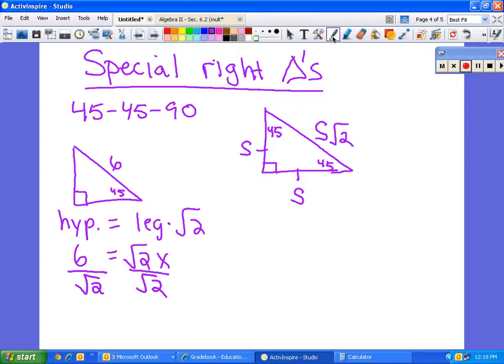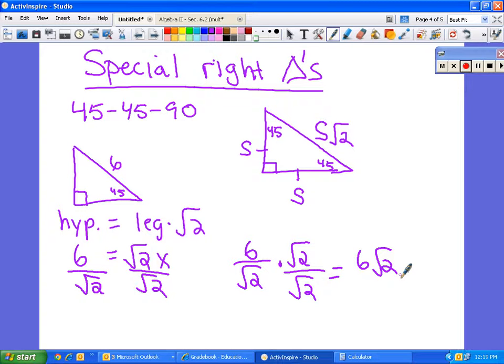Okay, now, you have learned in Algebra 1 class how to solve this equation. You are not allowed to leave a square root sign in the denominator of a fraction. So what you have to do is multiply both sides by whatever square root is in the denominator of your fraction. So we get 6 times the square root of 2.